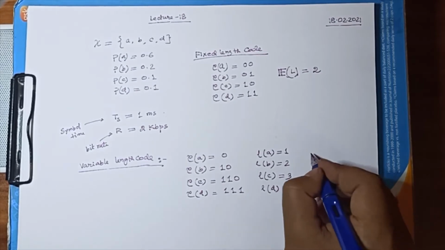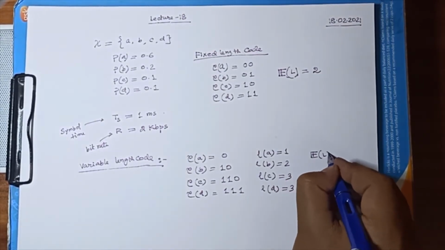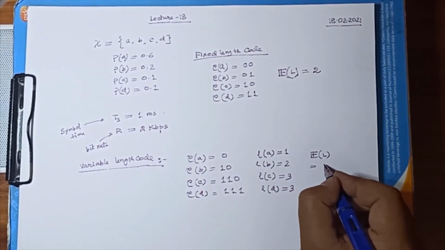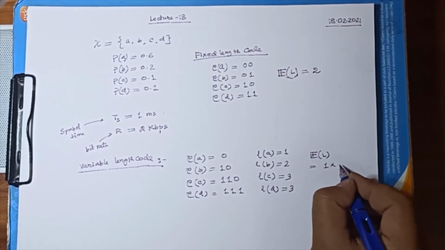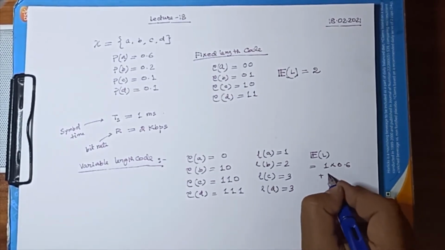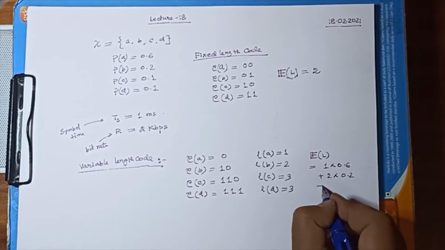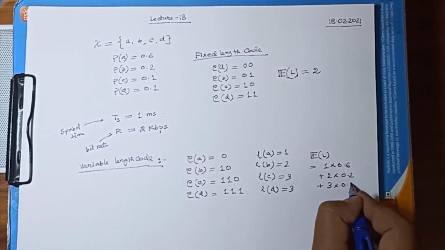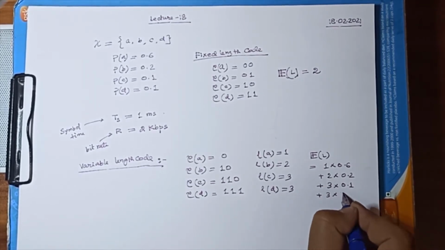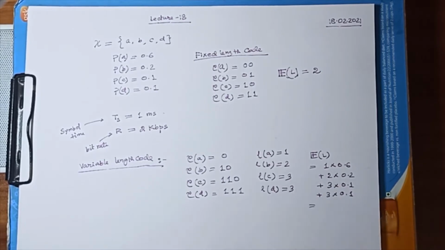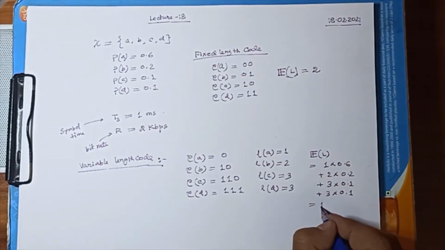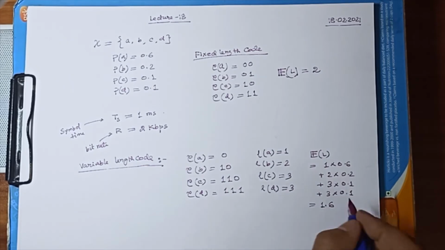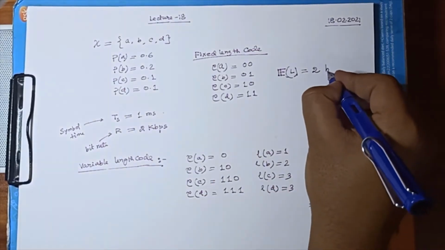So what is the expected length? It will be 1 into 0.6 plus 2 into 0.2 plus 3 into 0.1 plus 3 into 0.1. So that will be 1.6 bits per symbol, compared to 2 bits.